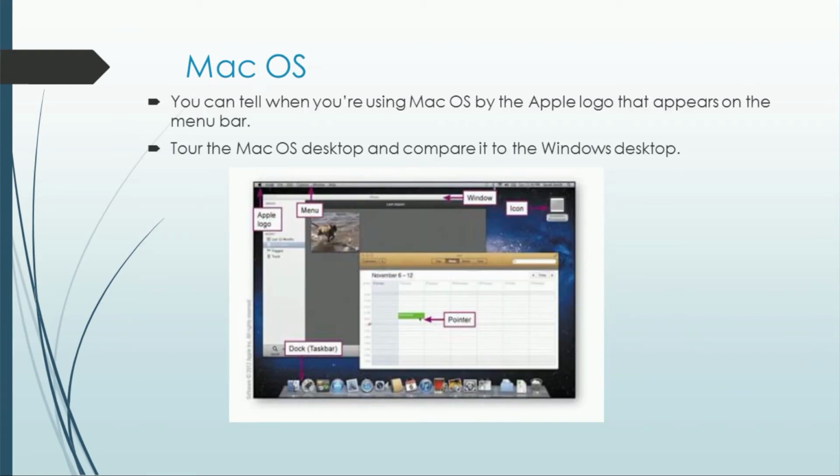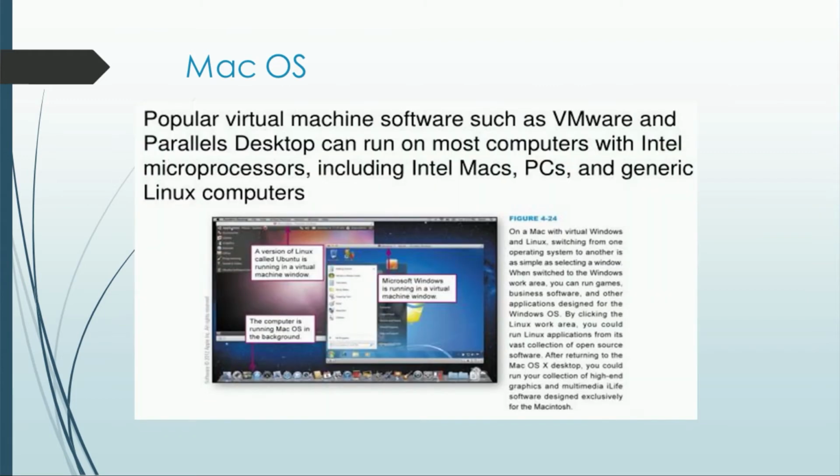Second is Mac operating systems. I already said how it works. You can tell when you are using the Mac operating system by the Apple logo that appears on the menu bar of the Mac operating system desktop; compare it with the Windows desktop.